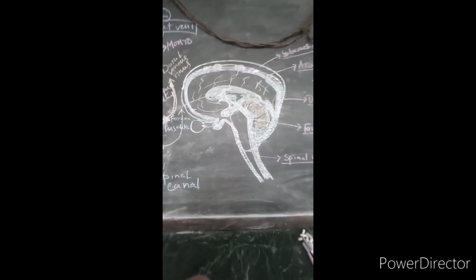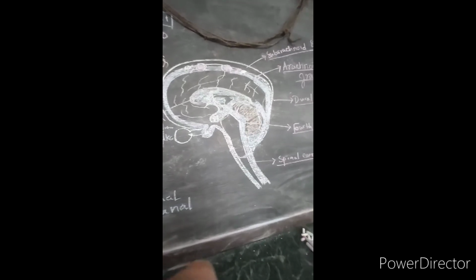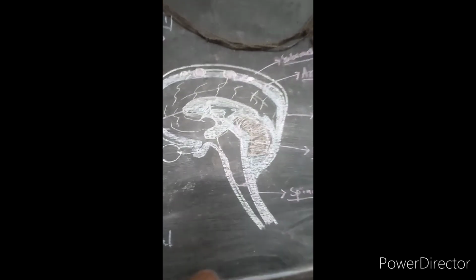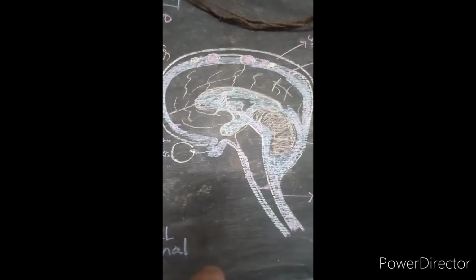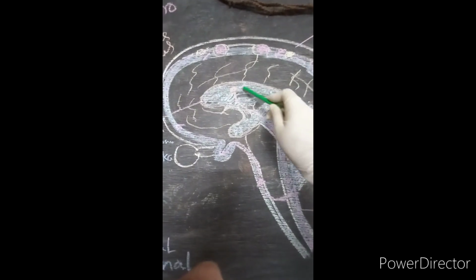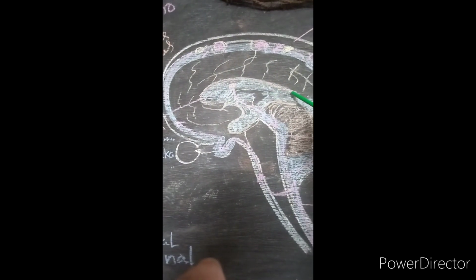So, regarding C.S.F circulation, if we see, this is one lateral view. C.S.F is mainly formed by the choroid plexus of the lateral ventricles. You can see here, this is the position of the lateral ventricle. Okay.